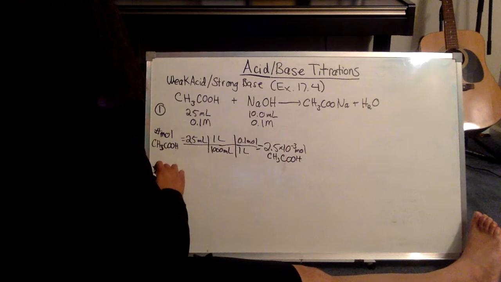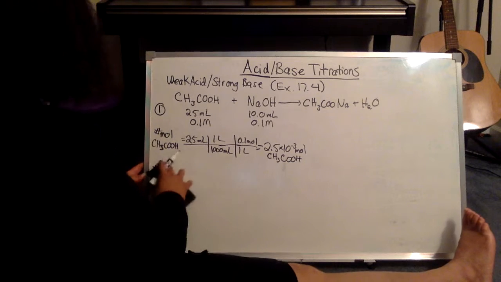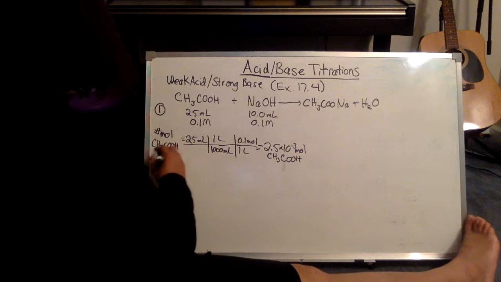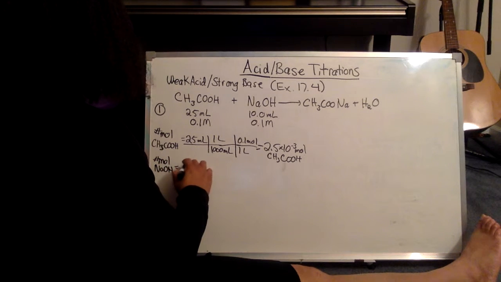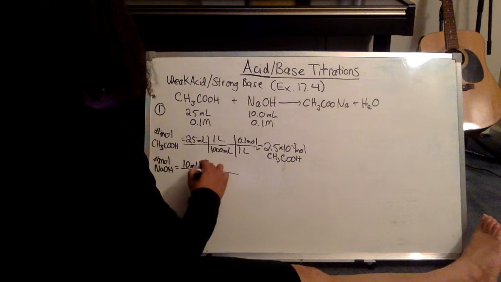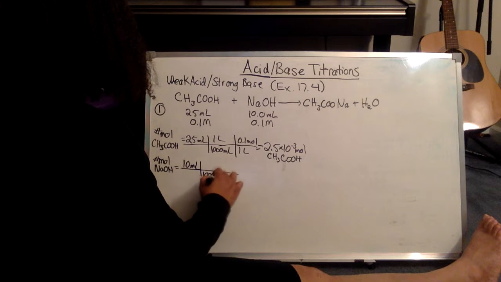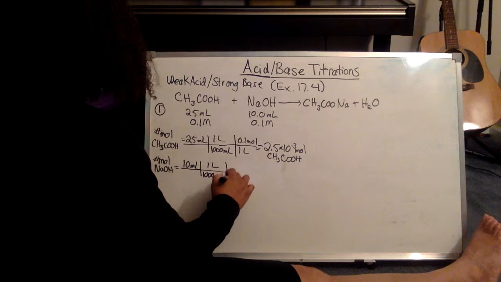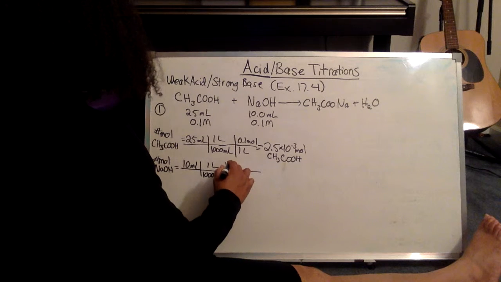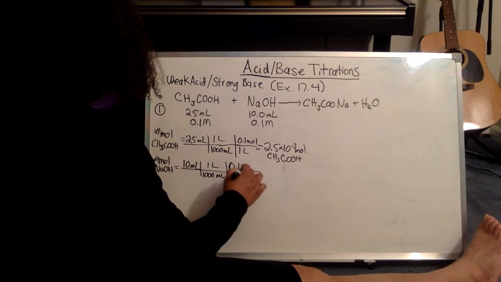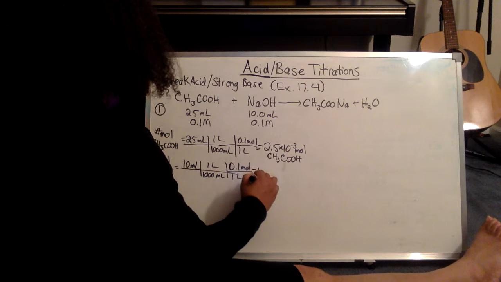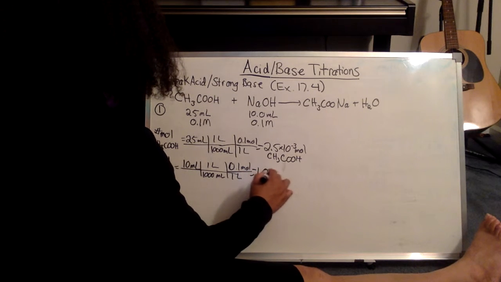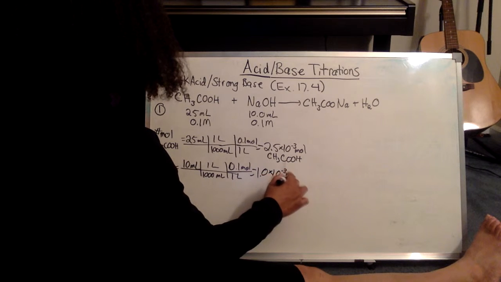For the number of moles of sodium hydroxide, we have 10 milliliters over 1,000 times 0.1 molar, and we get 1 times 10 to the minus 3 moles.